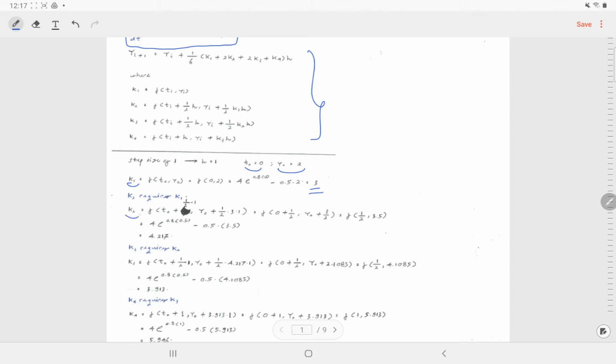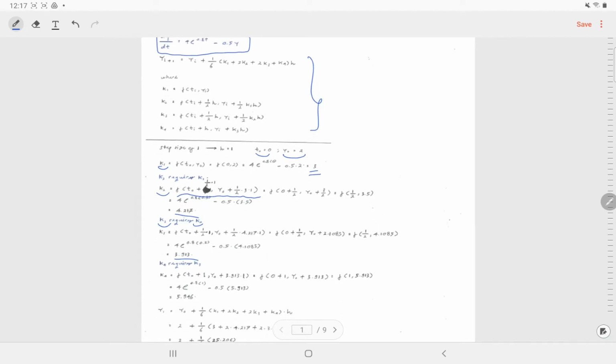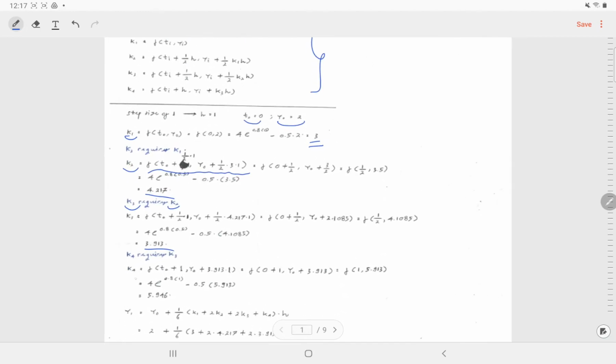Then we calculate the next, k2. For k2 here, we need these functions: t naught plus half multiplied by h, and then y naught plus half multiplied by k1 by h. So you get k2 here, and then k3 requires k2. We get this k3 here, and then we get this k4 here, which requires k3.